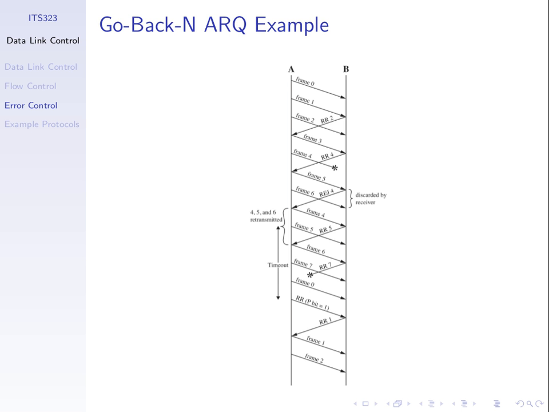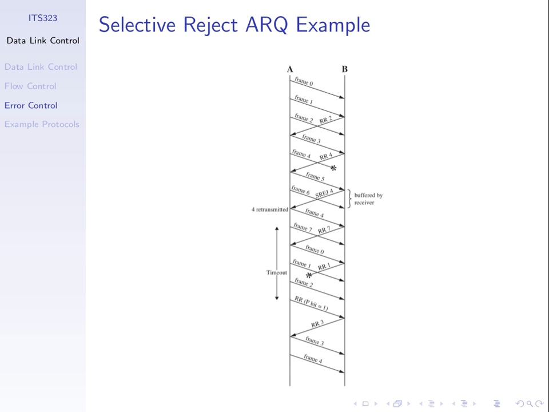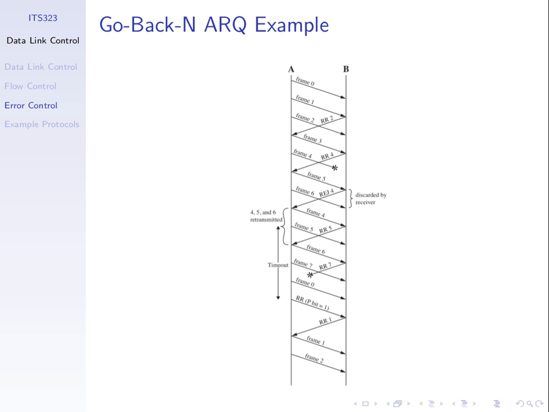An alternative. Using sliding window, almost the same as go back N, except selective reject. So it's the same scenario up to here. Frame 4 is lost, 5 and 6 were sent. With go back N, 4 is lost, 5 and 6 are discarded. A needs to retransmit 4, 5 and 6.